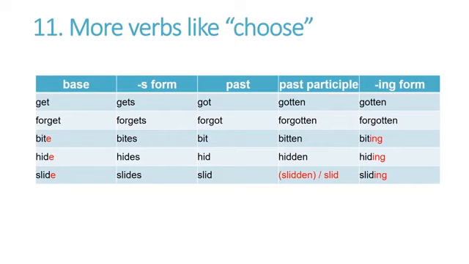Forget, forgot, forgotten. And then the last three: bite, bit, bitten; hide, hid, hidden; and slide, slid, slid. Not many people will say slidden. They simply use the past and past participle form slid.